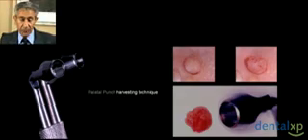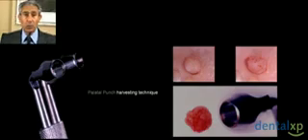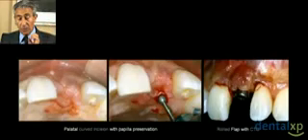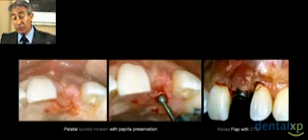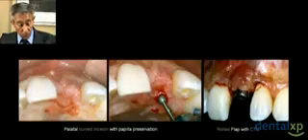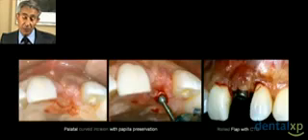So we decide, instead of raising another flap, to plug in this time a new connective tissue graft that we take with a very large tissue punch, where we then remove the epithelium from the palate. So we have now a connective tissue graft, and we plug this connective tissue graft below, down the crest.